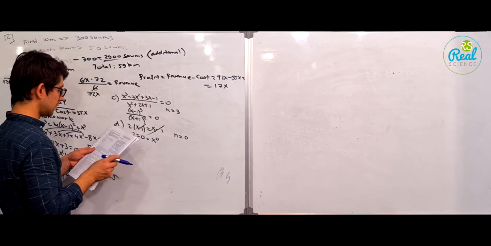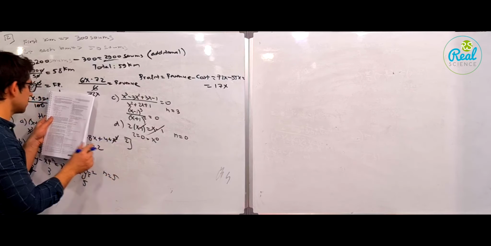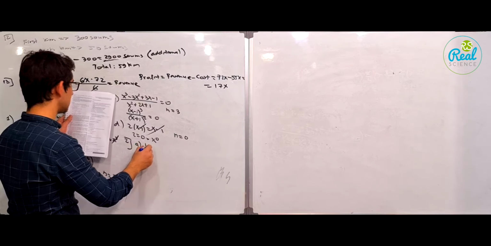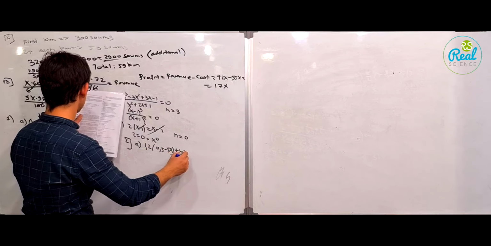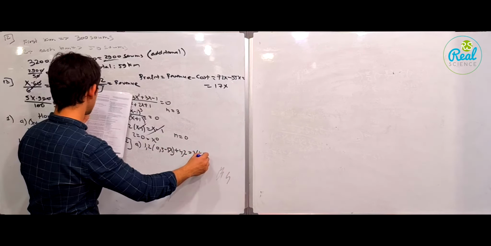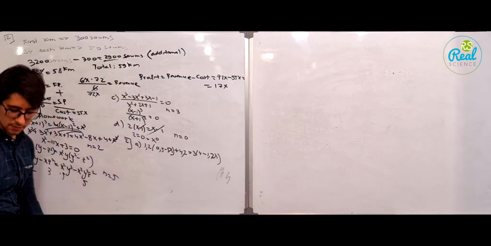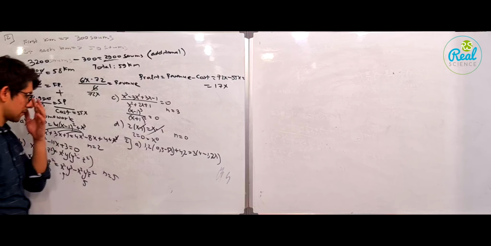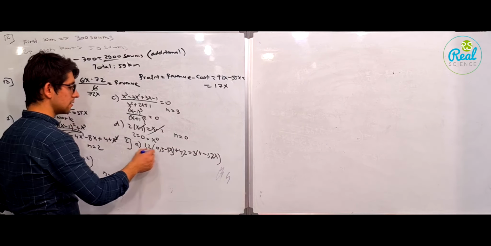So B part, when we are done with the first, let's look at the second one. A, 1.2 times (0.5 minus 5x) plus 4.2 equals 3 times (4 minus 1.2x). Let's open the bracket and bring all of them to the left side. So what is the result?